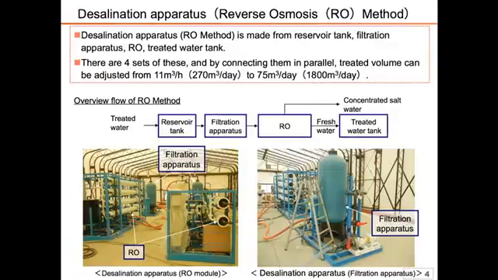Although we can increase the processing capacity to 1,800 cubic meters per day when we connect 4 plants, we are adjusting the processing capacity in consideration of the amount of processed water reused in the power plant and the status of concentrated salt water storage tanks.